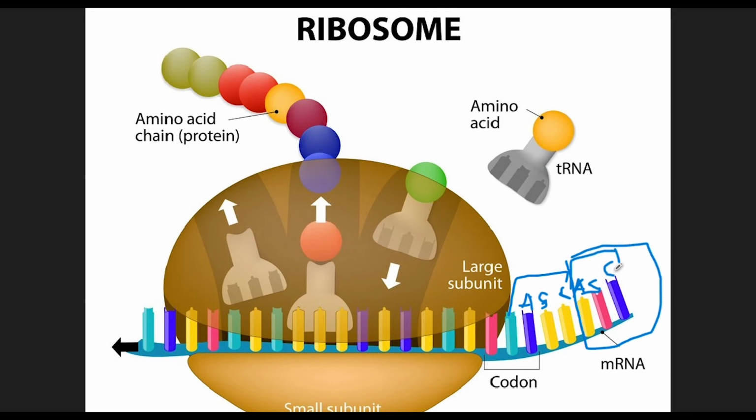I said this is guanine, sorry for that, this is cytosine. This is adenine. So the anticodon for guanine will be cytosine. For cytosine, we shall have the anticodon guanine.